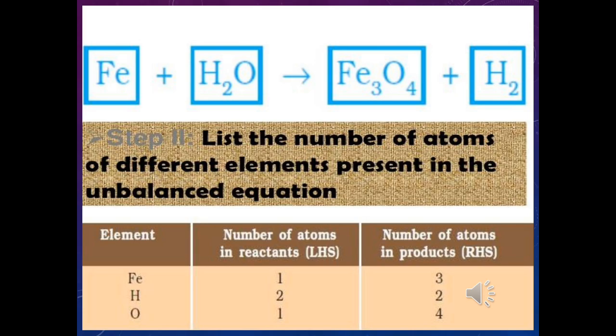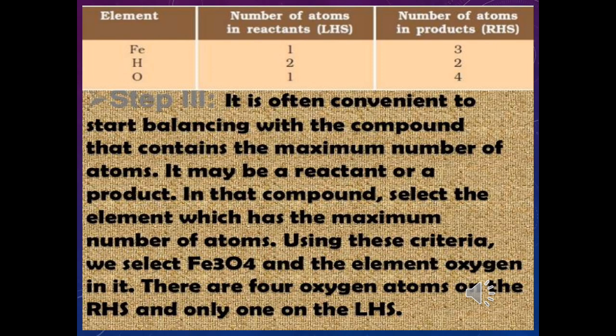Then go for Step 3. It is often convenient to start balancing with the compound that contains the maximum number of atoms. It may be a reactant or a product. In that compound, select the element which has the maximum number of atoms.